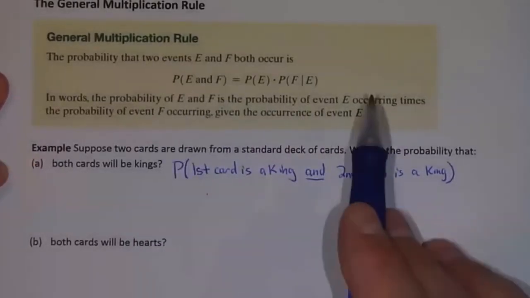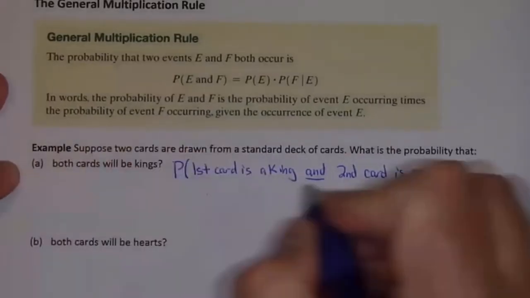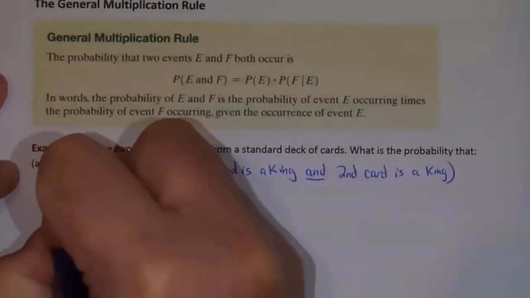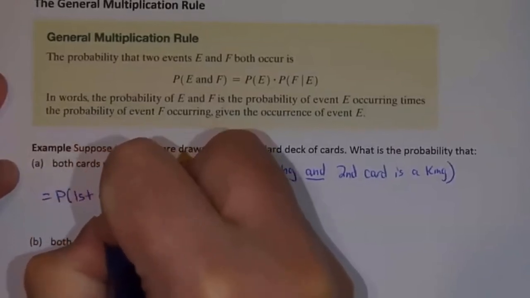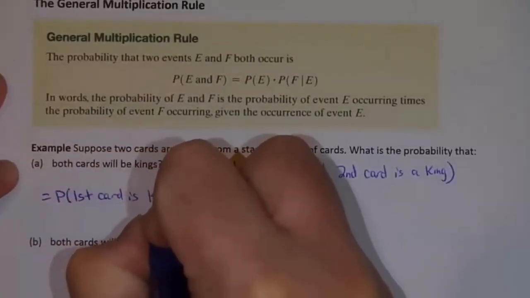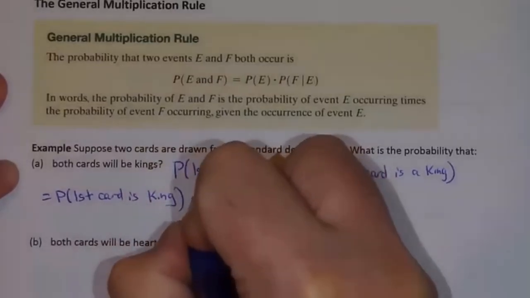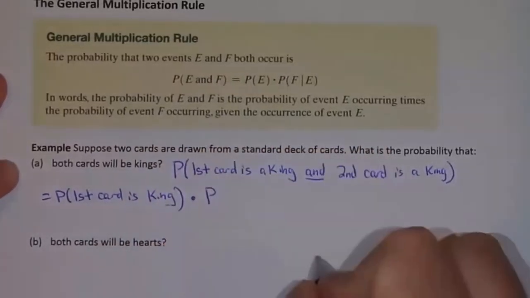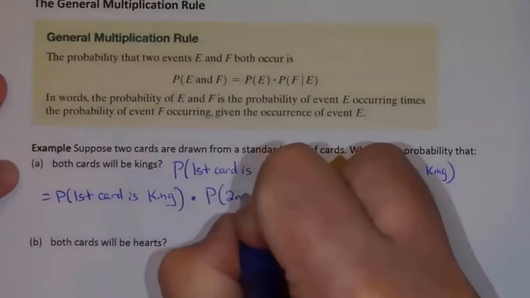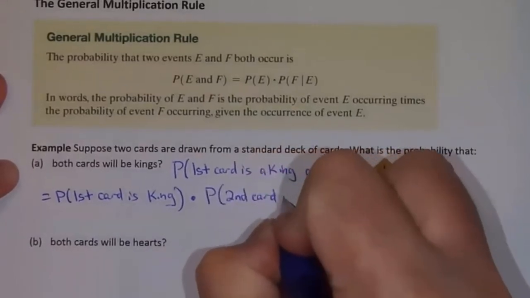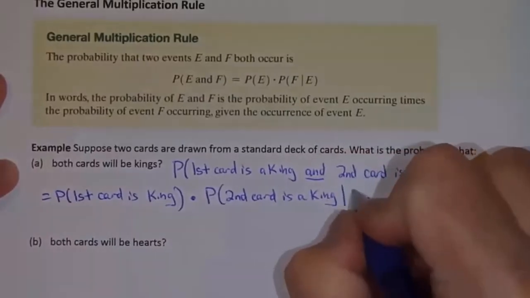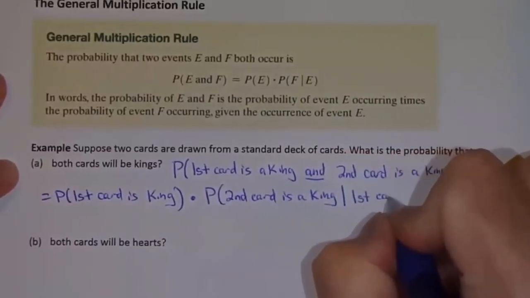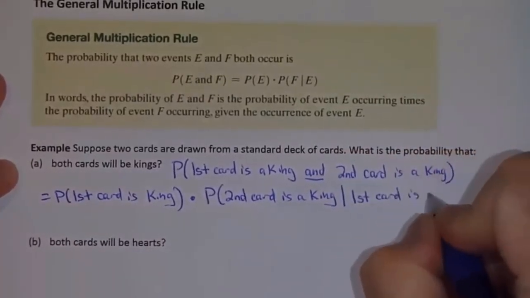So what this rule is saying is that I'm going to find this by finding the probability that the first card is a king, and then I'm going to multiply that by the probability that the second card is a king, given that the first card is a king.